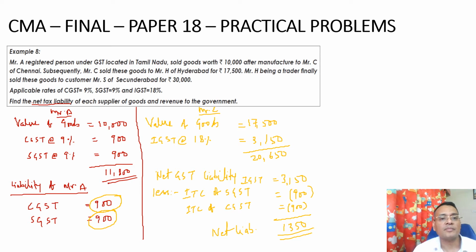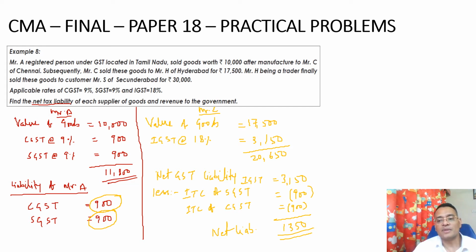Now in the first case, in case of Mr. A, the revenue going to the center is 900 rupees and to the state is 900 rupees. In the second case, the revenue going to the central is 3150, and out of this SGST is 900 rupees, because SGST is used for the payment of IGST, and hence the sending state has to transfer this 900 rupees to the center.